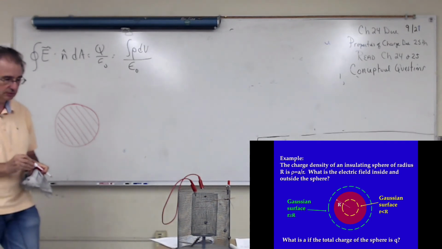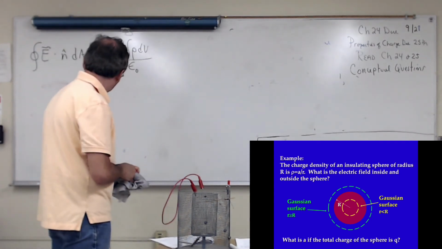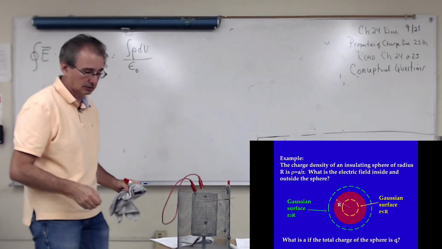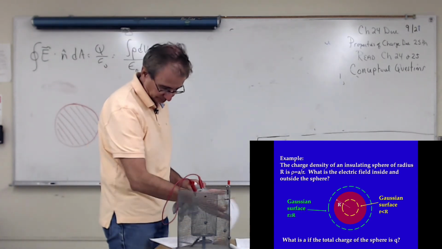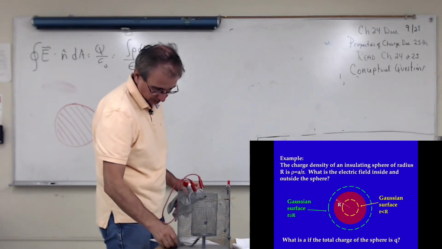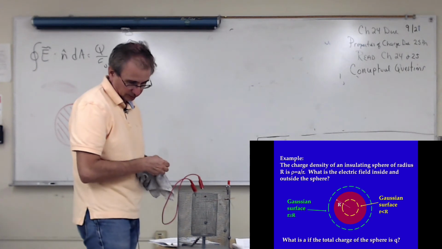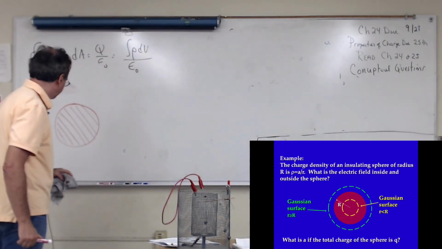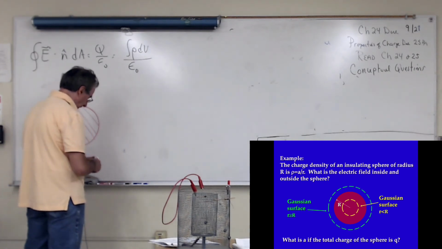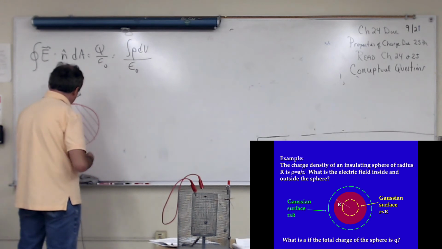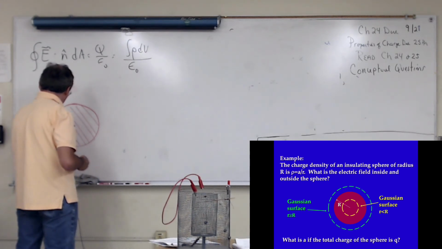There's my solid sphere. I want to find the field everywhere inside and outside the solid sphere. And this sphere has a radius big R.